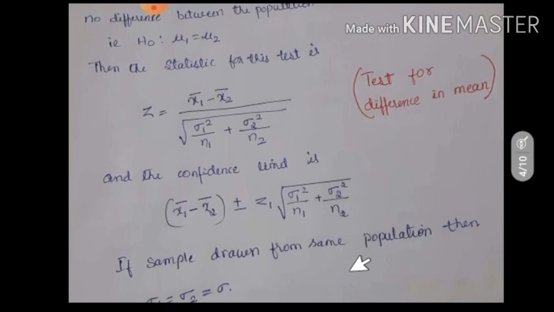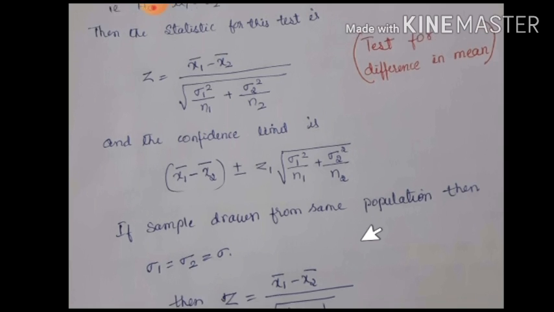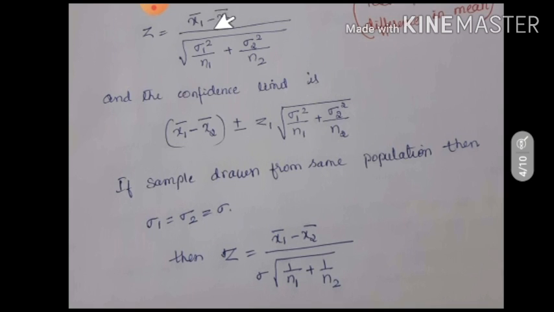We may come across a problem where two different samples are taken, but both samples are drawn from the same population. In that case, the z value is nothing but x1 bar minus x2 bar, the same in the numerator.